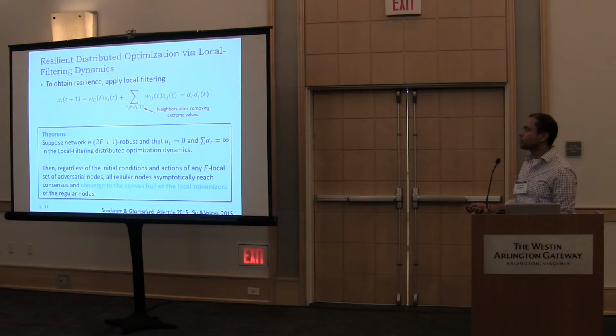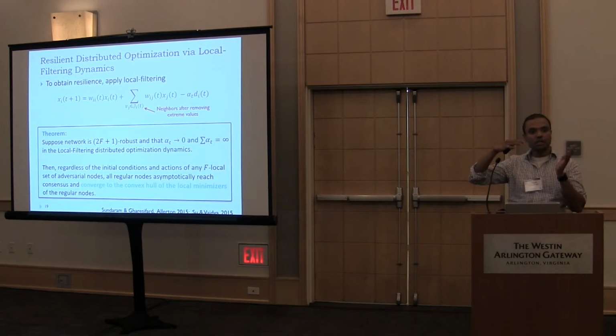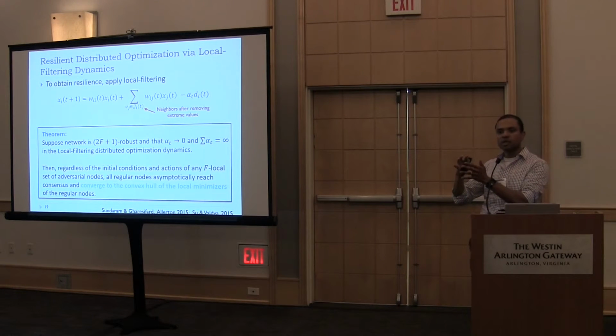If the network is 2f plus 1 robust, and the step sizes satisfy certain properties, which are the same properties as in standard distributed optimization, then regardless of what any f local set of bad guys do, the regular nodes will asymptotically converge to the convex hull of the local minimizers of the regular nodes. Okay, so you still get some safety guarantee, and you get some sort of optimality where you're guaranteed to get within the convex hull of the local minimizers of the local functions.